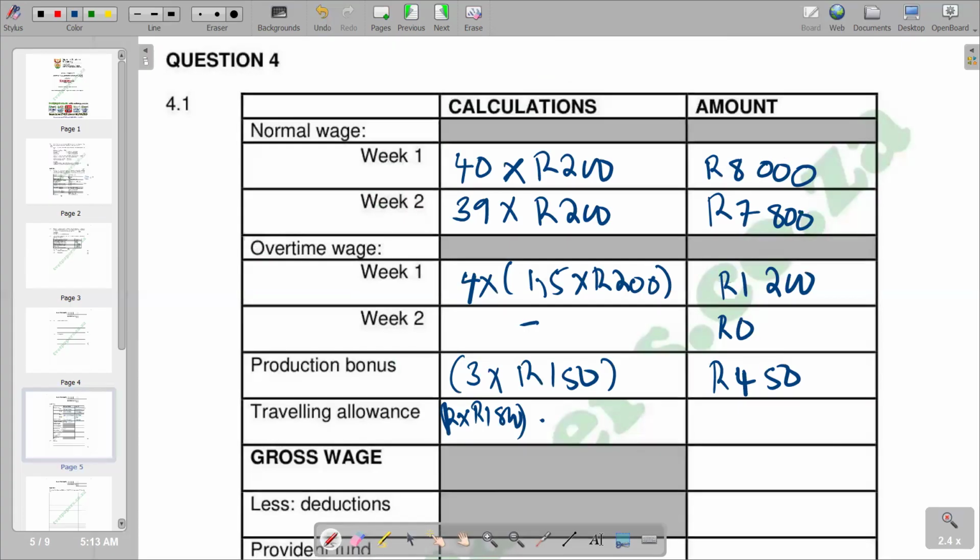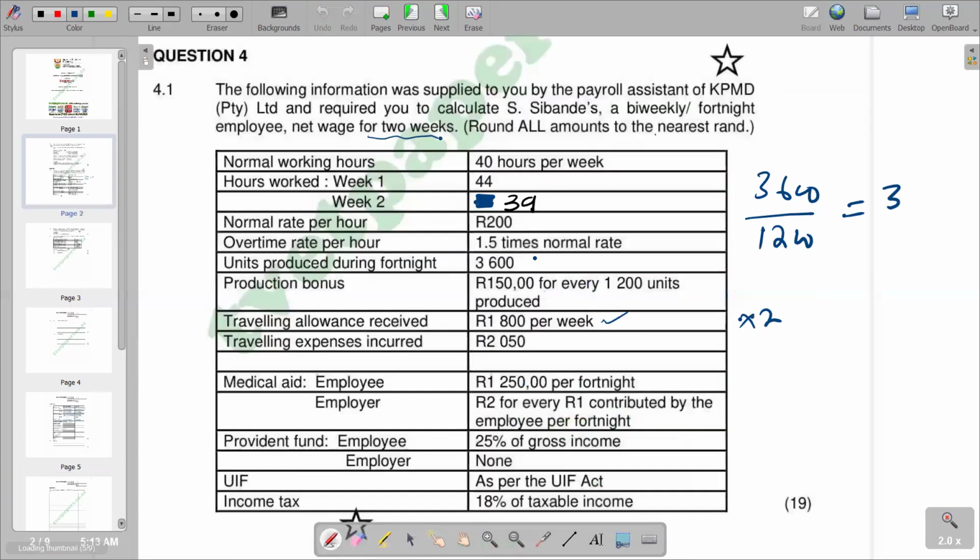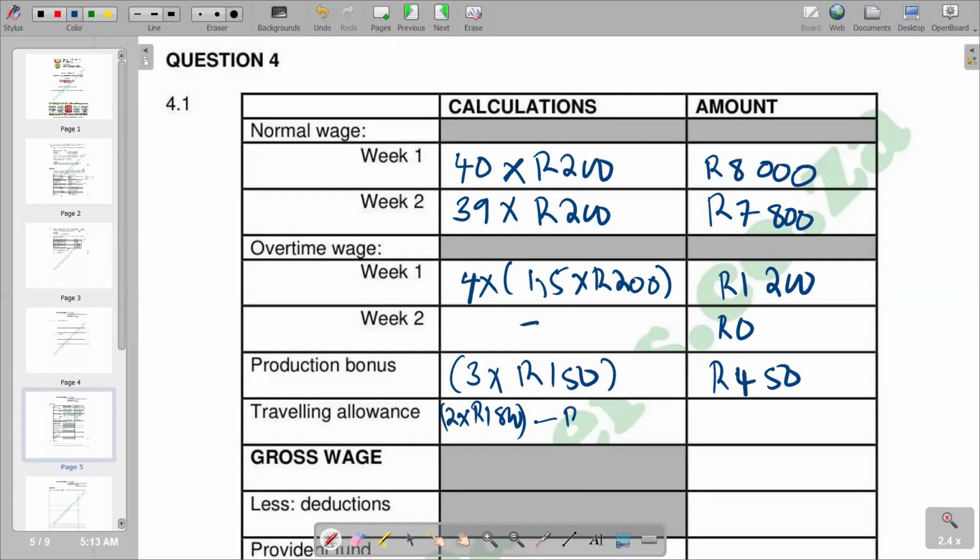The answer that we are getting, subtract now the traveling expense, which is 2,050 rands. If you calculate it correctly, you see that the net traveling allowance that you get is 1,550. So yes, that's what we have for that one.